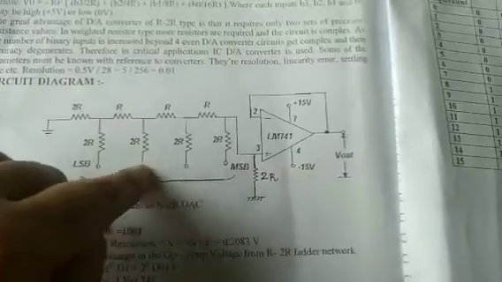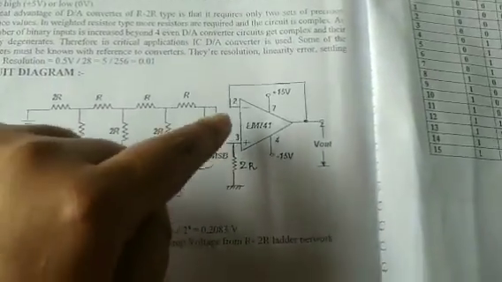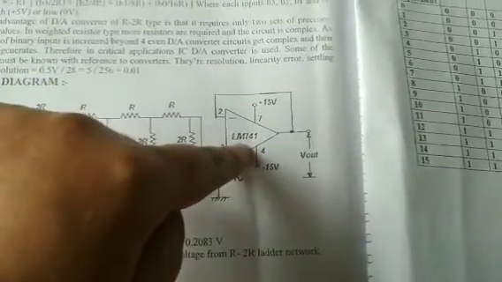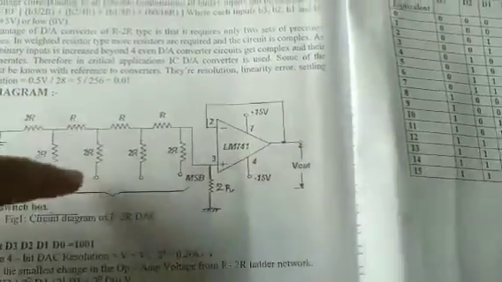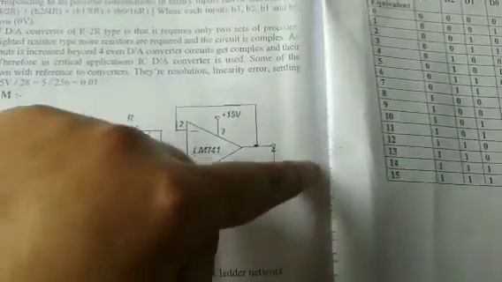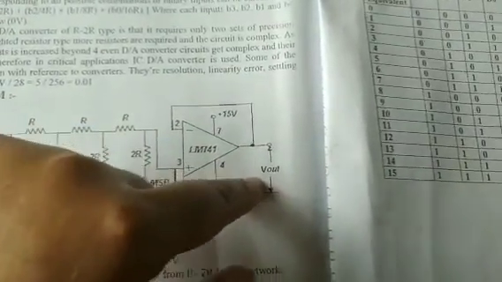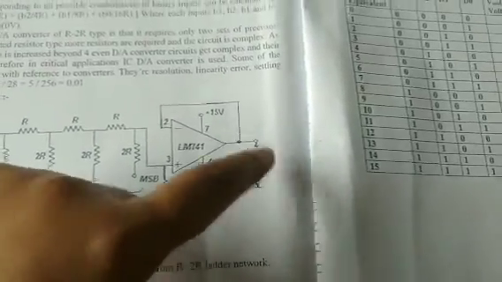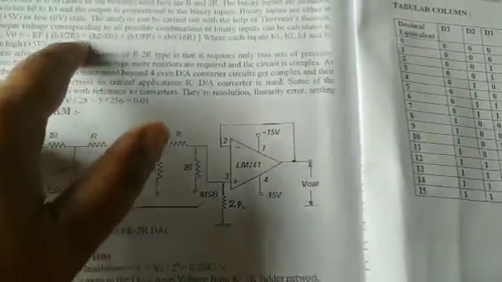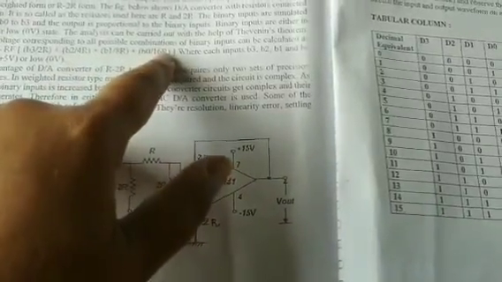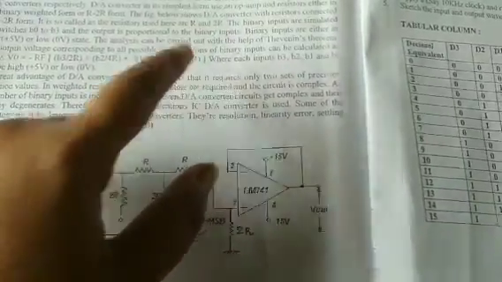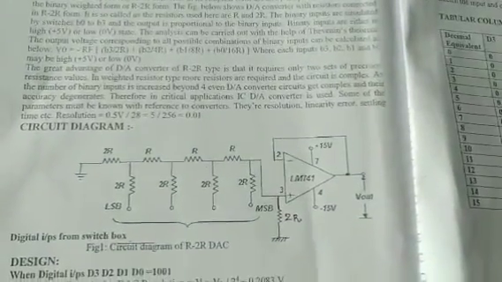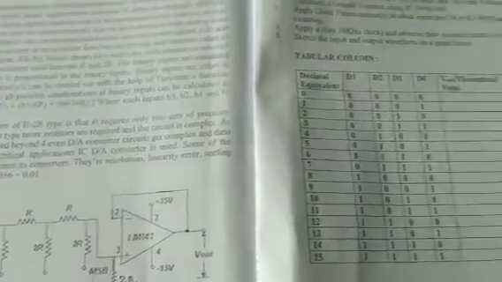The binary inputs are the digital inputs, and this entire setup along with the 741 IC converts the digital inputs into the analog output V0, which is calculated using the Thevenin's theorem analysis equation. Now let us look at how we have connected this circuit diagram on the breadboard.